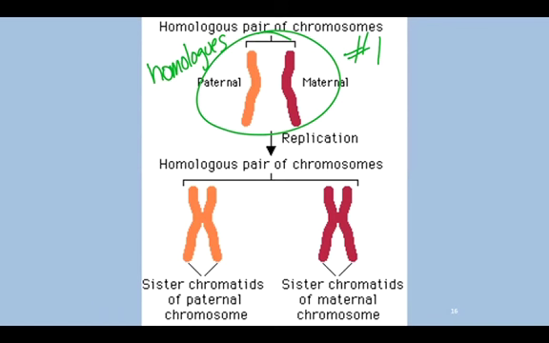When your cell gets ready to divide, each of these homologs will be copied. And so you're going to have sister chromatids of your paternal chromosome and sister chromatids of your maternal chromosome. And these are the ones that will get separated into 2 new cells. Okay, so hopefully that makes it a bit more clear.